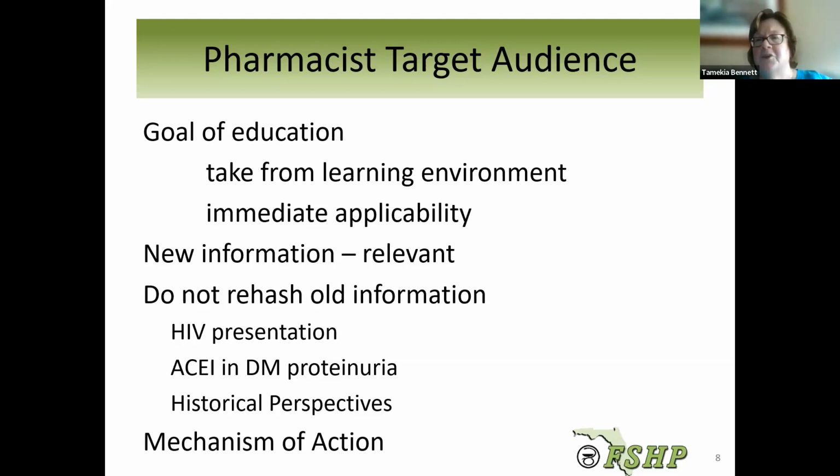So I recall a student presenting on HIV, and the student walked me through a historical perspective of HIV and AIDS. And I thought to myself, here's someone who was born 20 years after the HIV AIDS crisis, which occurred in 1984 when I was a pharmacy student the first time.